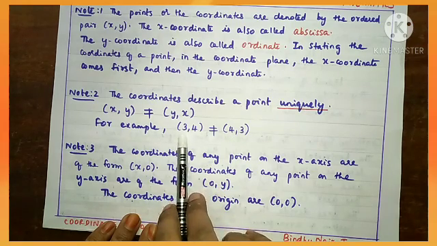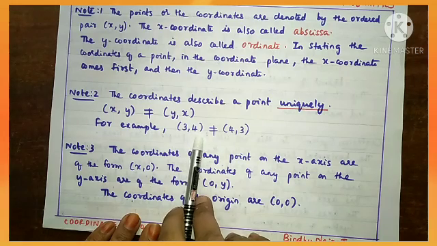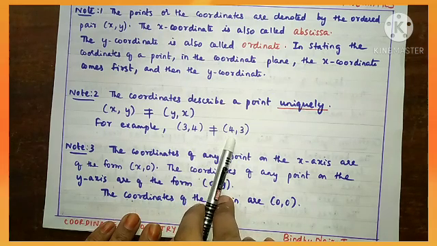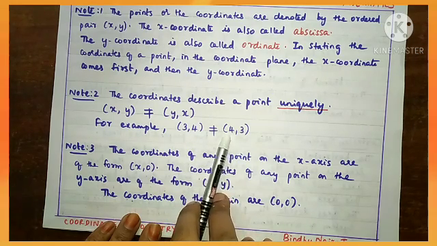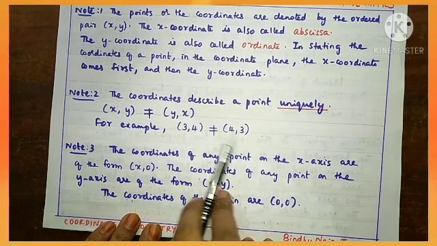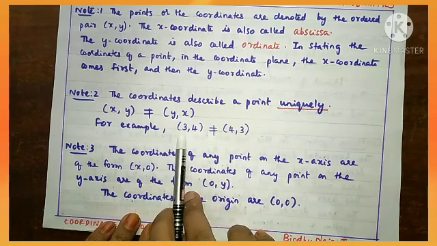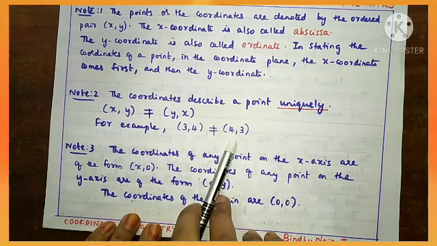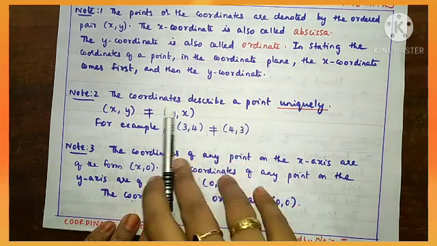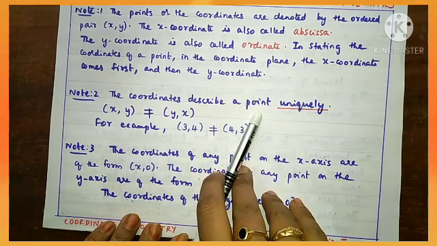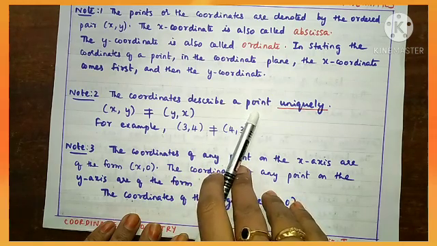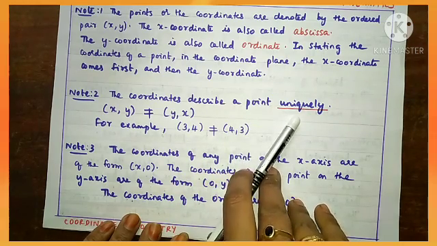Understand? Because in (3, 4) the x coordinate is 3 and the y coordinate is 4, but in (4, 3) the x coordinate is 4 and y is 3. So they are different. Never will it be true that (3, 4) is equal to (4, 3). So it is said that coordinates always describe a point uniquely.